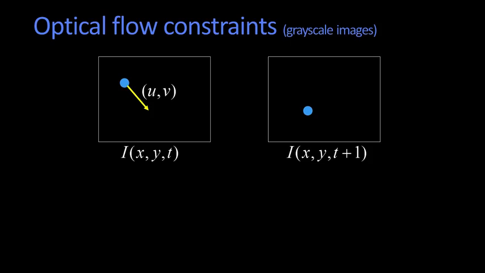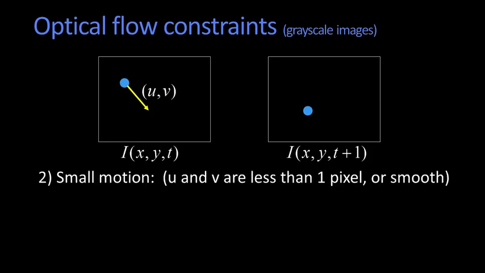The second assumption was that we get a very small amount of motion. So u and v, let's assume they're like 1 pixel or part of a pixel, or just things are changing smoothly. Yes, you know what's coming.